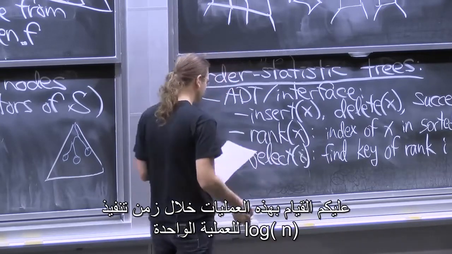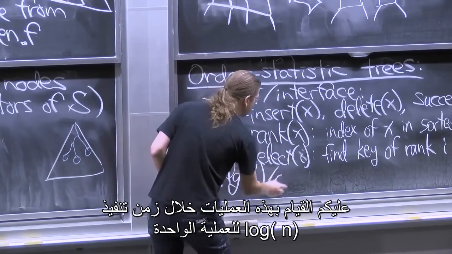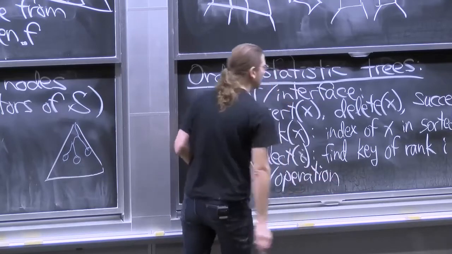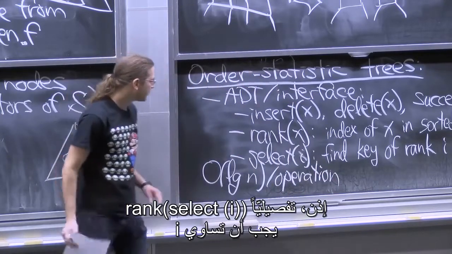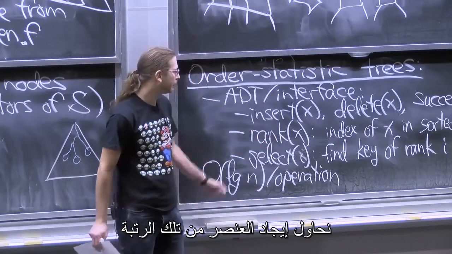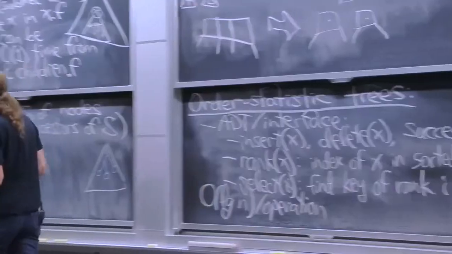We want to do all of these in log n per operation. Okay, so in particular, rank of select of i should equal i, right? We're trying to find the item of that rank. So far, so good.